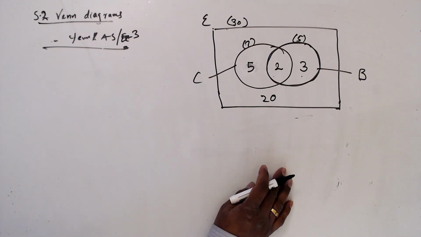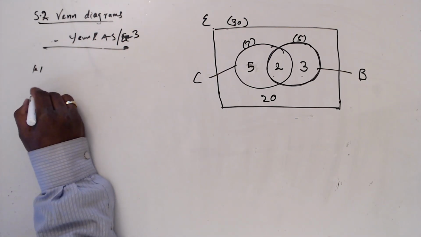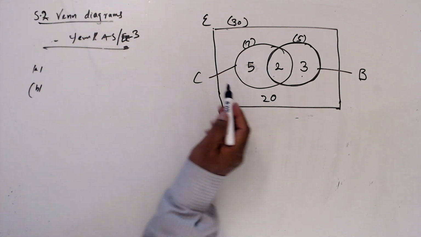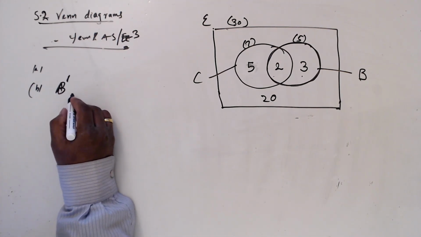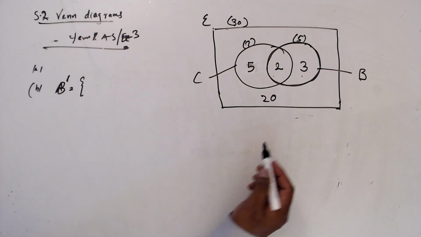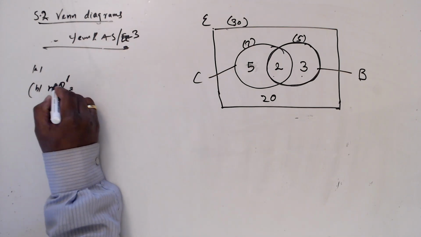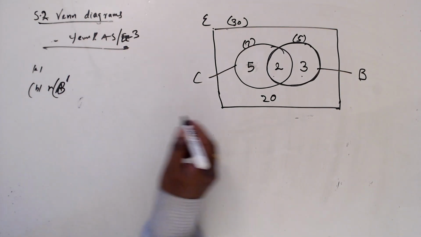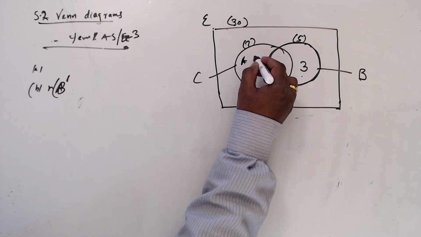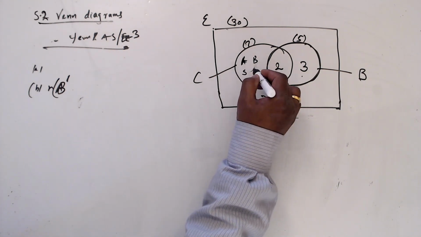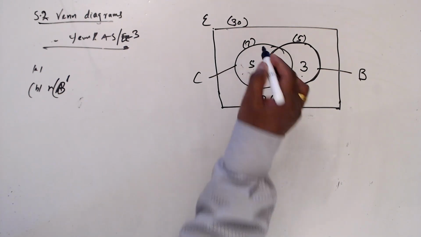The student is not in the band. In the band is B, so not in the band means B prime. That is going to be how many? These are the number of students, because there are no elements, only the numbers, the total number.